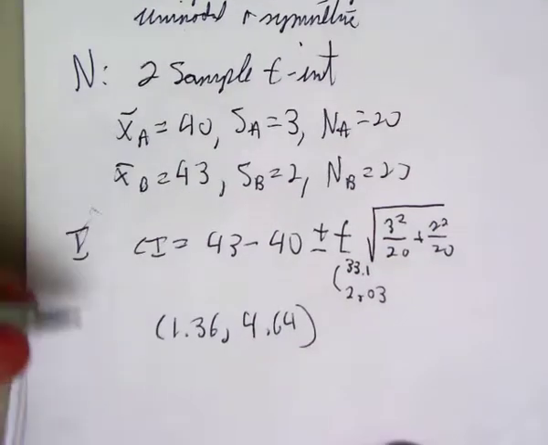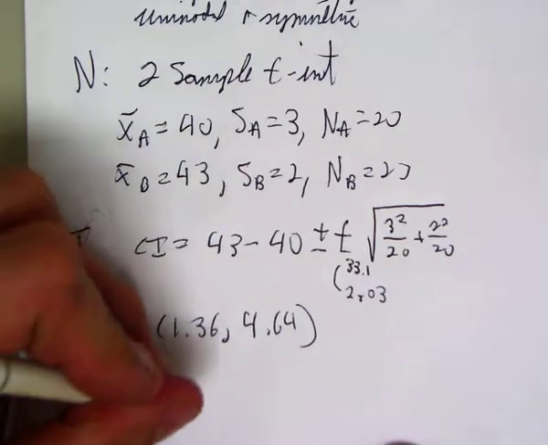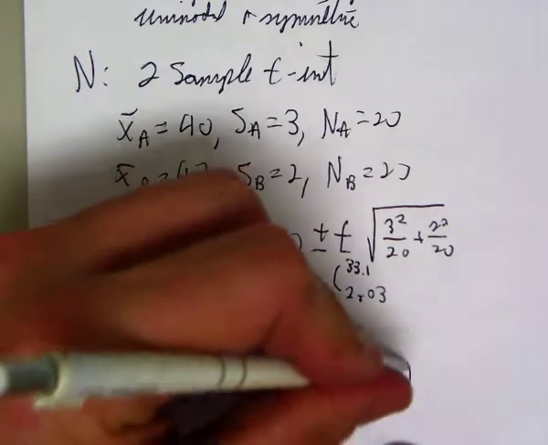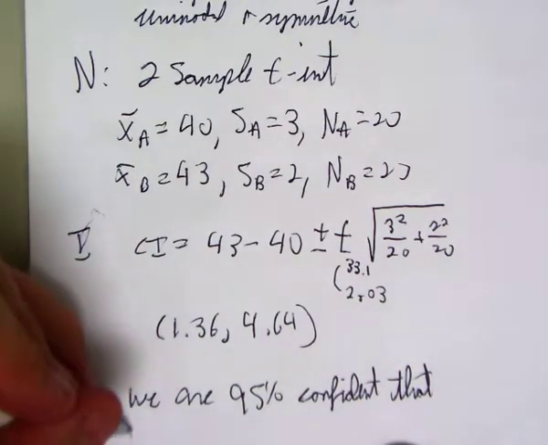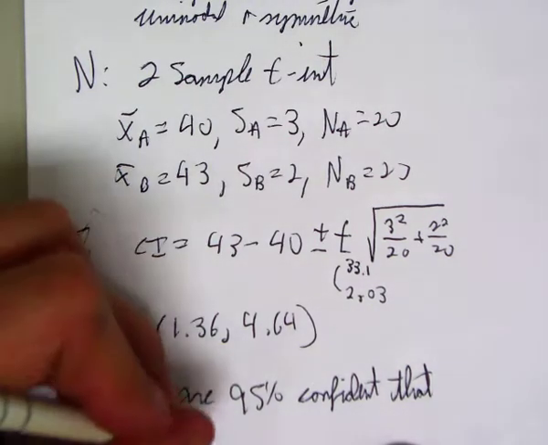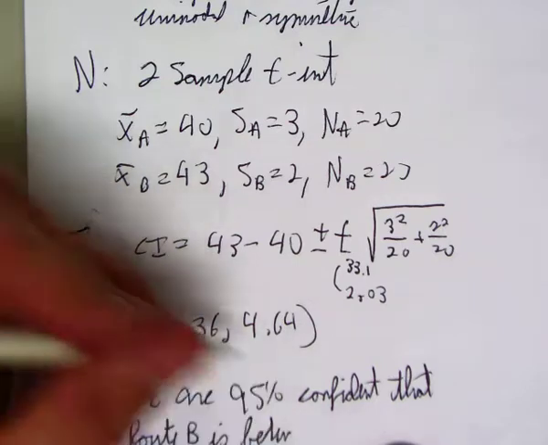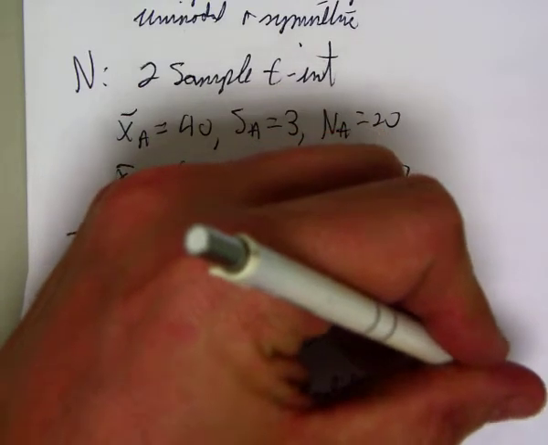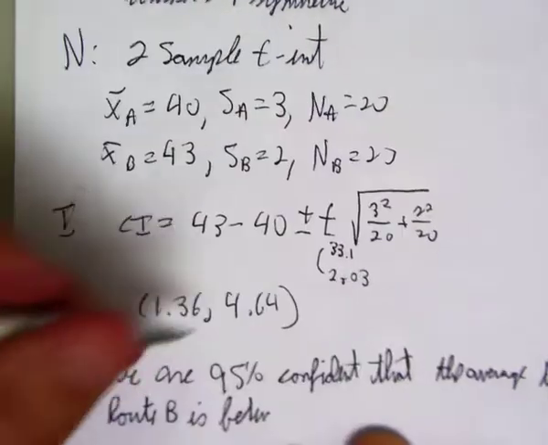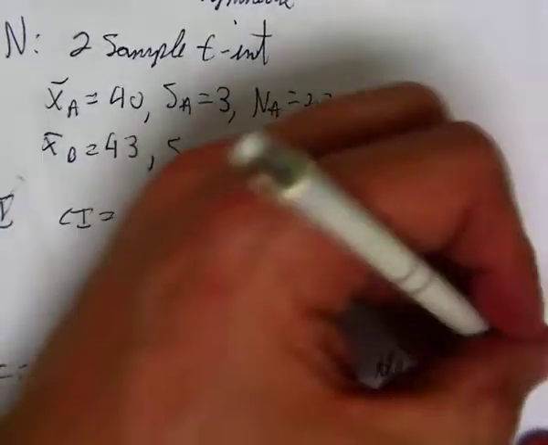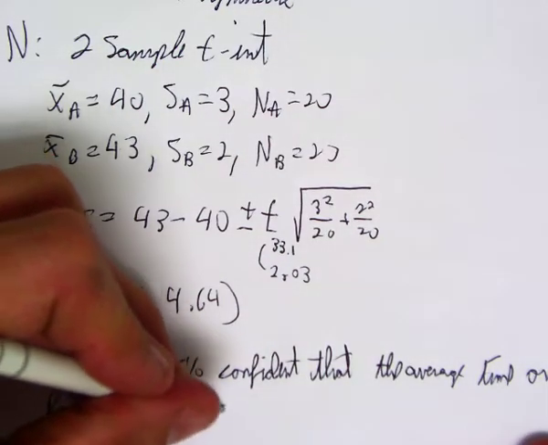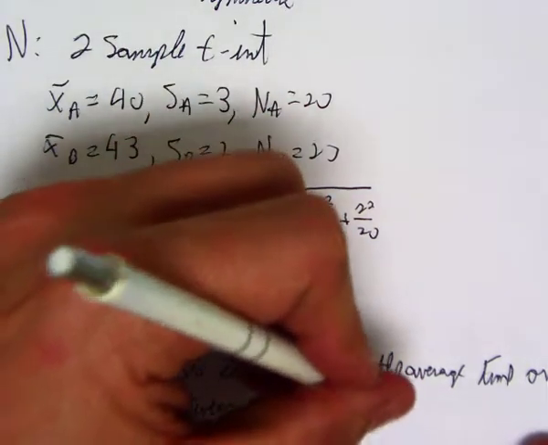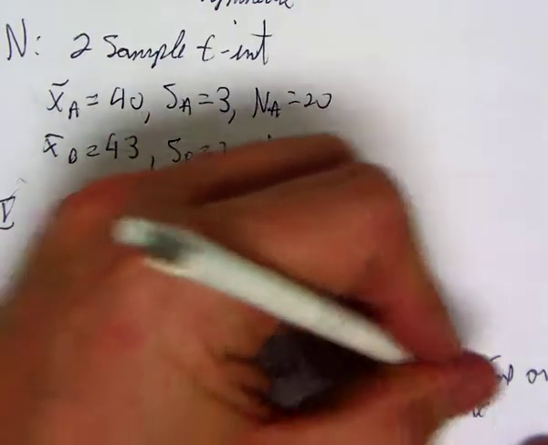And we are 95% confident that route B is between, we are 95% confident that the average time on route B is between 1.36 and 4.64 minutes longer.